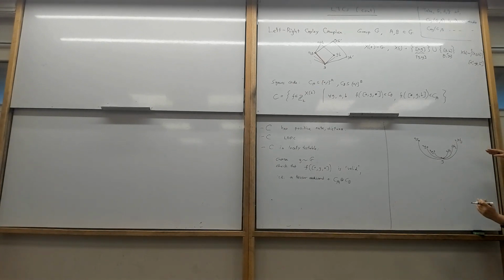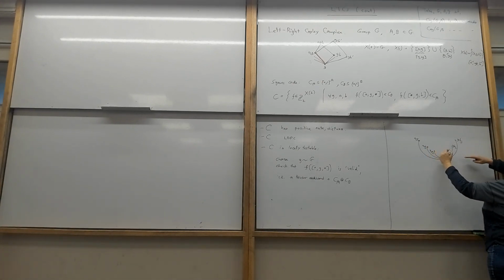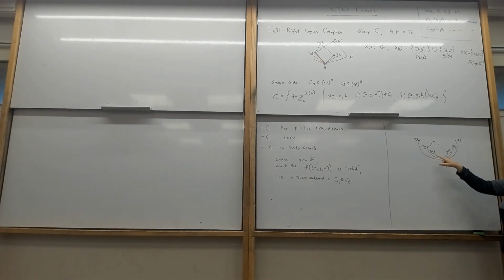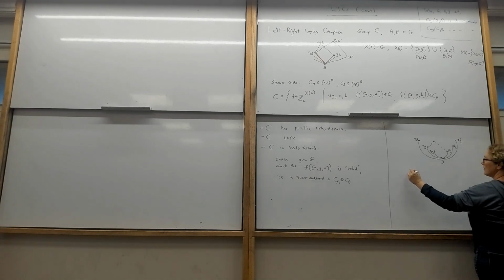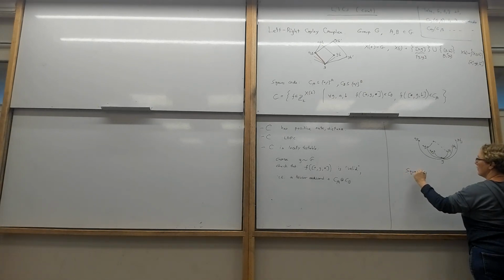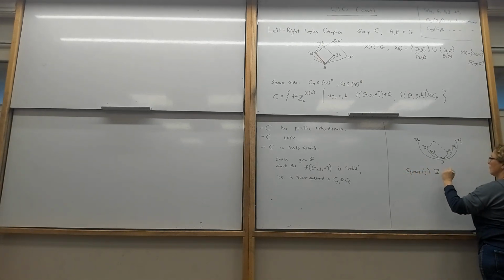Then for every choice of A and B here, for example this one, there is a square from G to A2G, to A2GB1, to GB1, to G. So really the number of squares around G exactly corresponds to A times B. The squares of G are isomorphic to A times B.